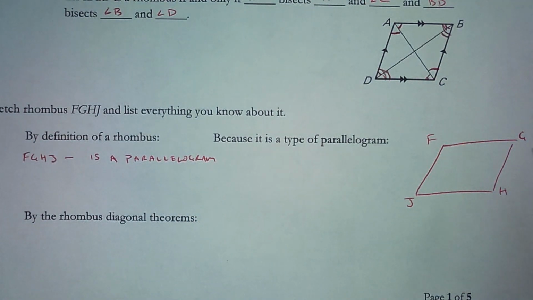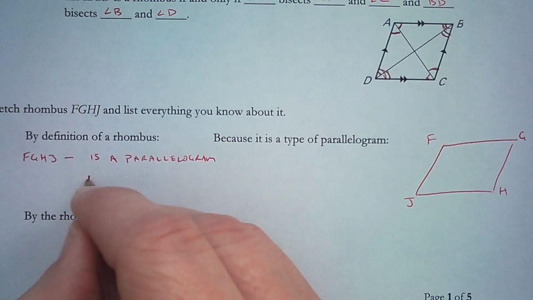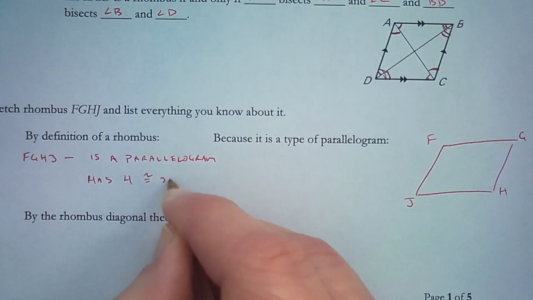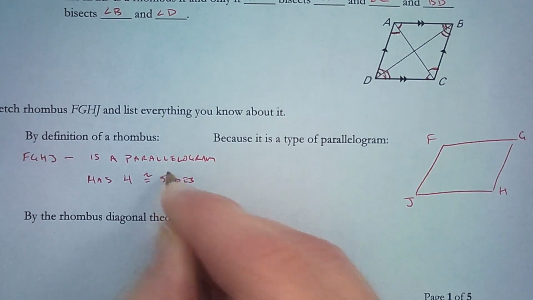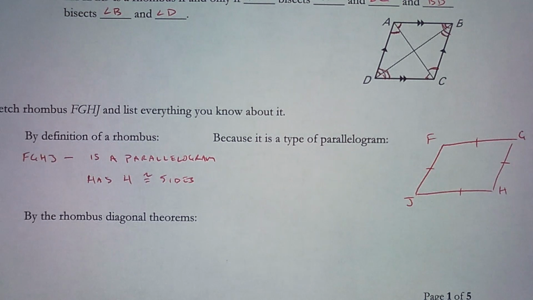Okay, so this is a parallelogram because opposite sides are congruent. We also know that it has four congruent sides. Okay, so one tick mark on each of the four sides. So it's a parallelogram that has four congruent sides.